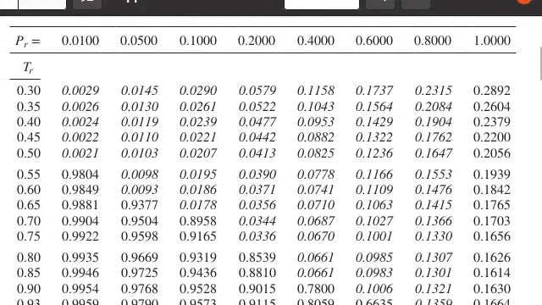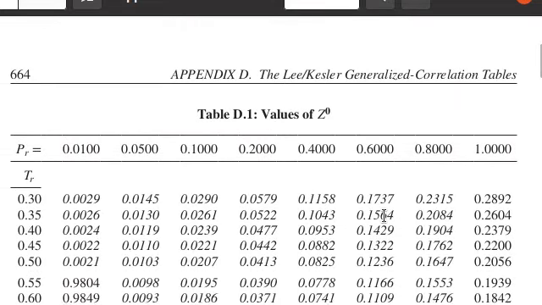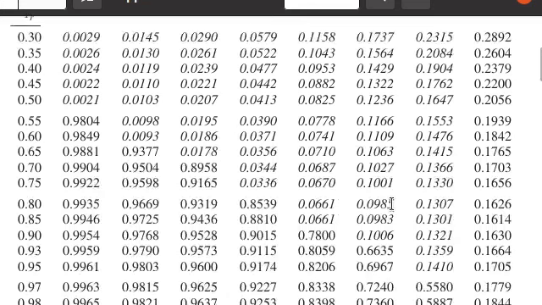So this is the data. First they are giving the value of Z0 in terms of reduced pressure on this row, and here you have reduced temperature.